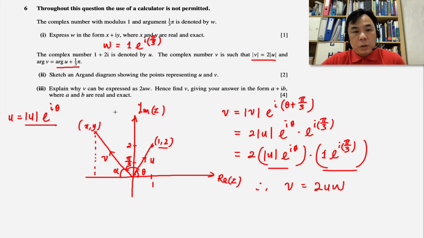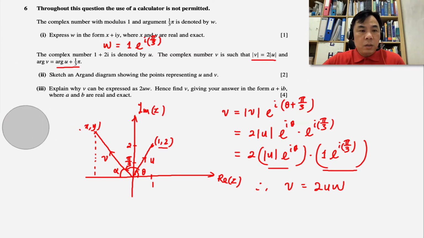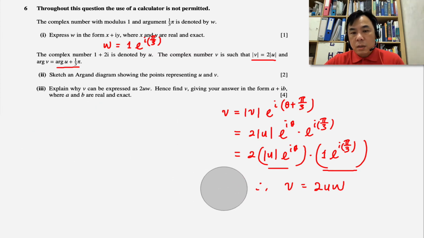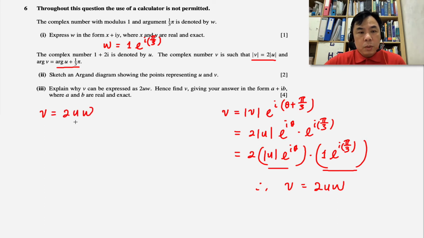Now I'm going to erase this section here. Let's try to finalize the complex number v, which is not really any problem here. Now v is equal to 2uw. All we need to do is substitute whatever we have with regards to complex numbers u and w.